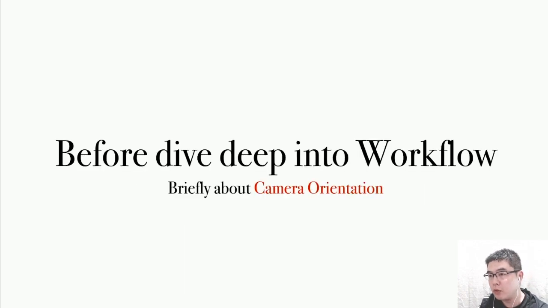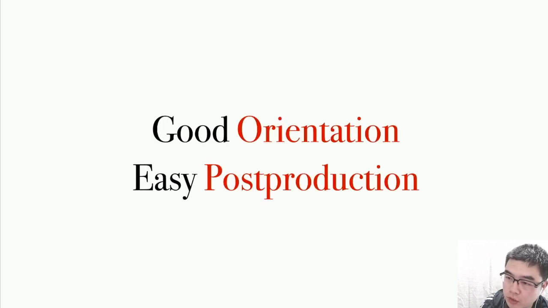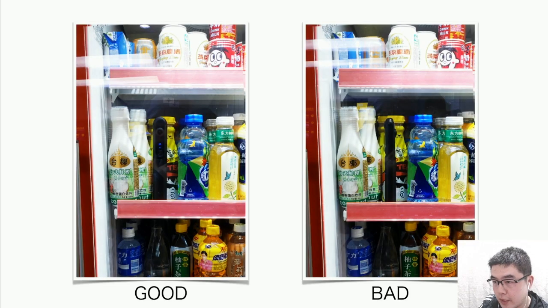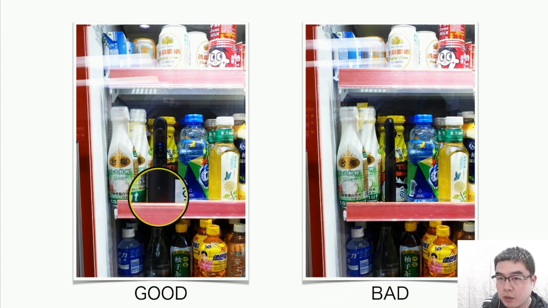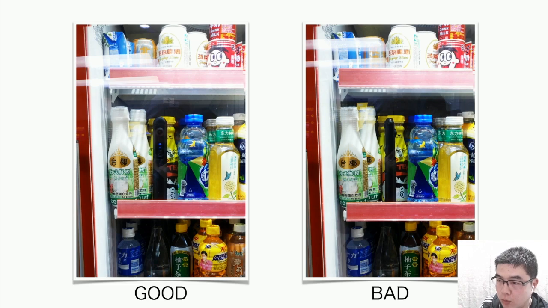So I have already shown you, and before we dive into the deep flow, I should talk about the camera orientation. A good camera orientation will give you an easy post-production, always. You can see that in this case, I shot with this orientation, with one of the lenses towards the bottom, another towards the outside.